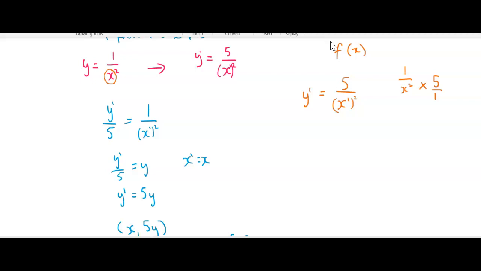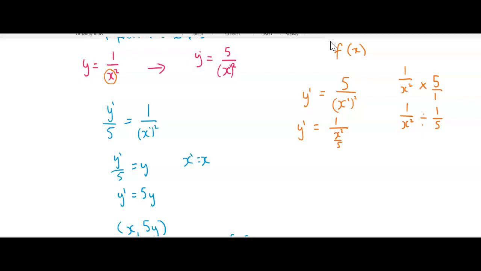If I want to go the reverse of that, I can do keep, change, flip again, but the 5 is written as 5 over 1. So that's the same as dividing by its reciprocal, 1/5. So effectively, see how I told you it was more complicated, we're going to have to put that 1/5 down the bottom. So I'm going to have x squared over 5.